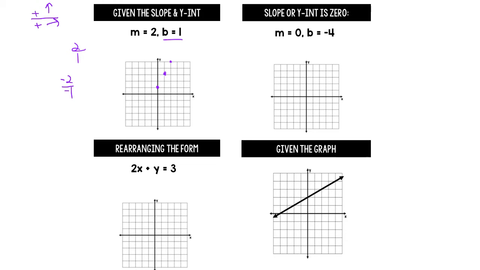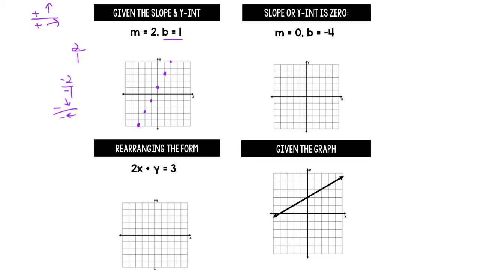But if we have a negative over a negative, which is the same thing as positive over positive, negative over negative is down and left. So now, instead of up 2, right 1, we'll go down 2, left 1. Down 2, left 1, down 2, left 1.